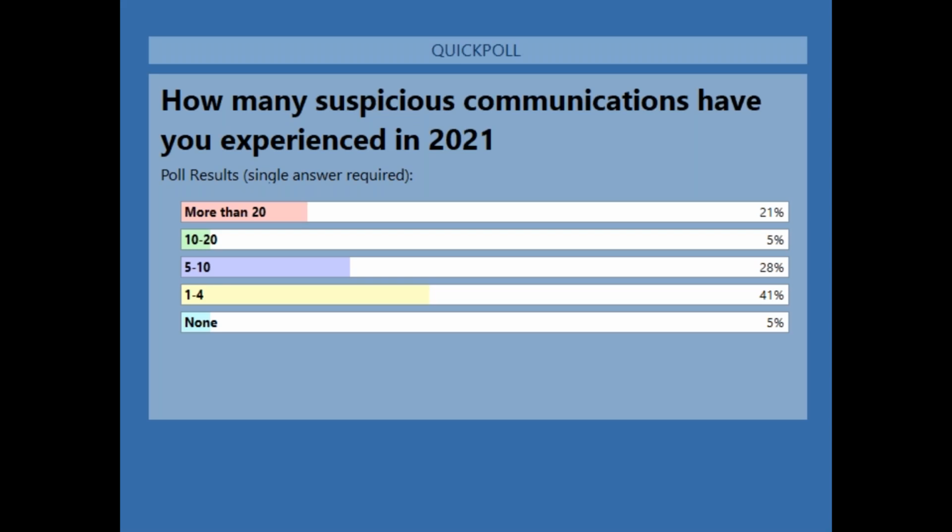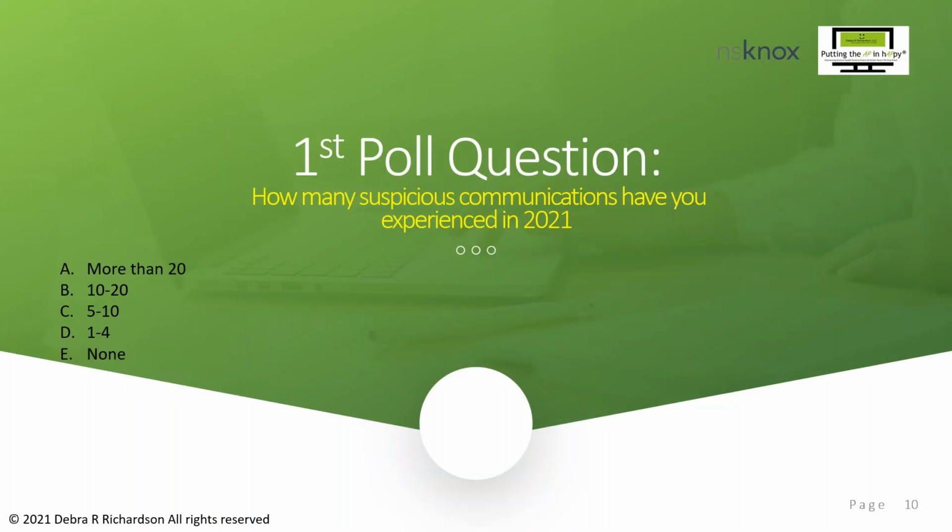All right, and then 5% for both 10 to 20, and also 5% for none. Okay, so it looks like the majority are at 1 to 4, but we do have a high percentage that have more than 20. So with that, let's go ahead and get started with the internal controls.